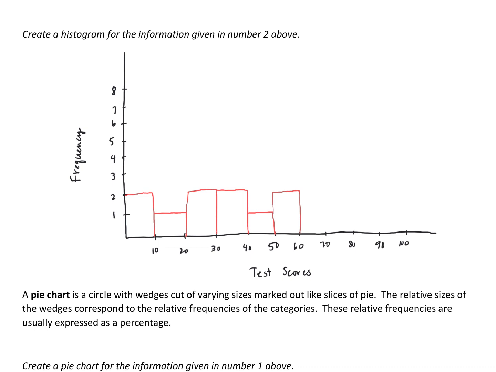From 61 to 70, there was 1. From 71 to 80, there were 6. Looks like probably right about there. From 81 to 90, there were 4. And from 91 to 100, there were 7.